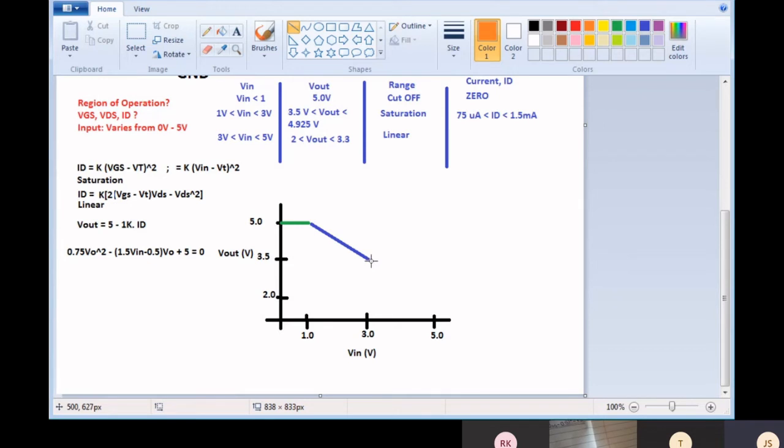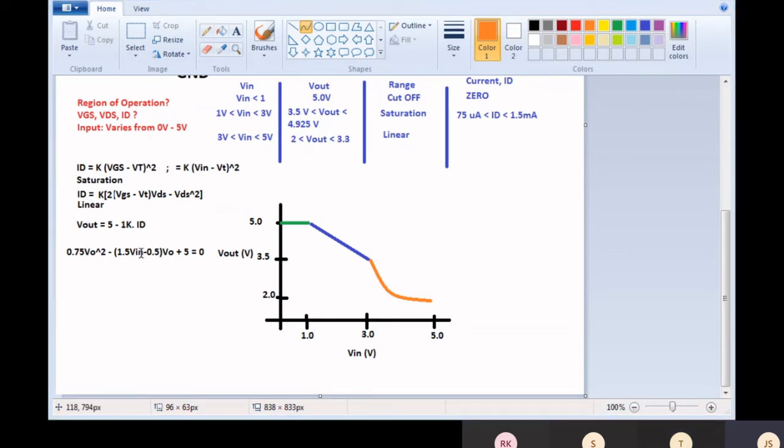So since this was a quadratic equation, right? It is not a linear line. So this is a quadratic relationship. So the quadratic, we go this way. So this is somehow how it will probably look.